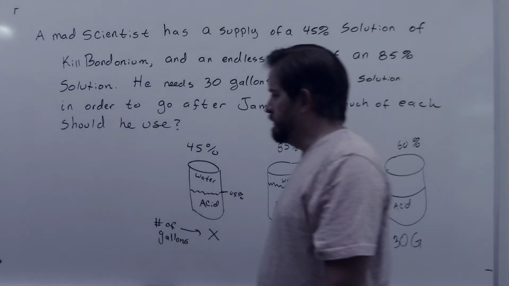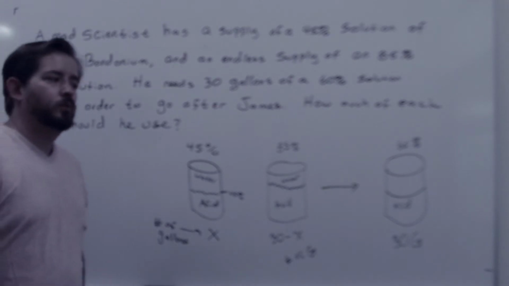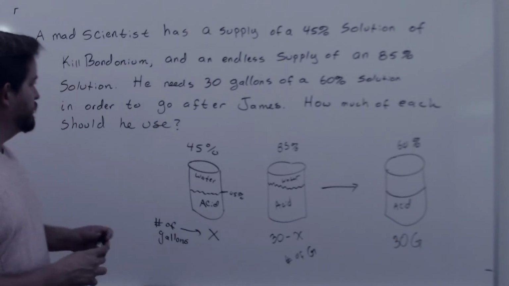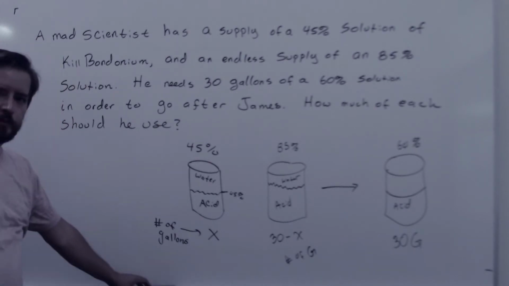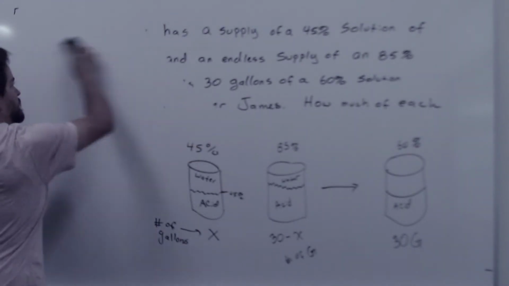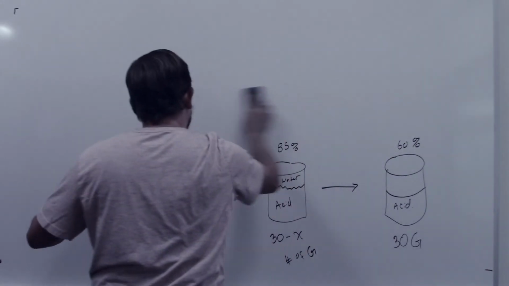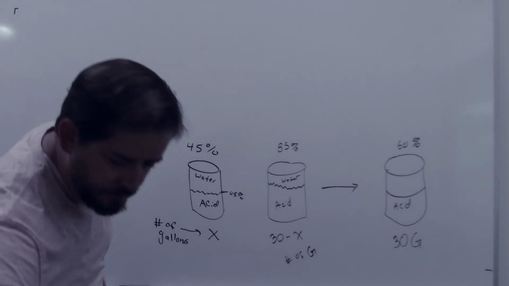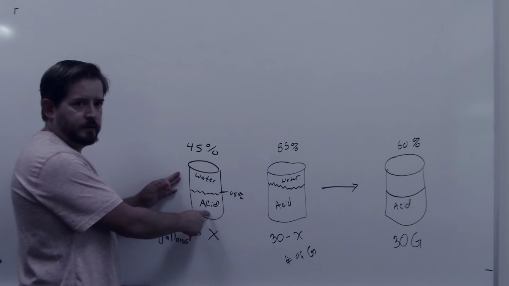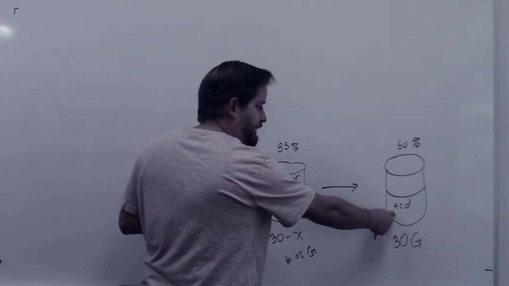So the equation here is not terribly difficult, but it is weird to look at for the first time. So let's write it. I'm going to get rid of the problem up here so I have some space to write the equation. It's essentially this: however much acid is here gets added to however much acid is here, and that's going to be the amount of acid that's there.